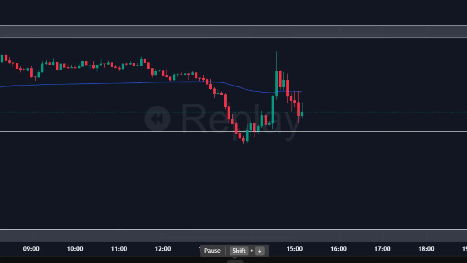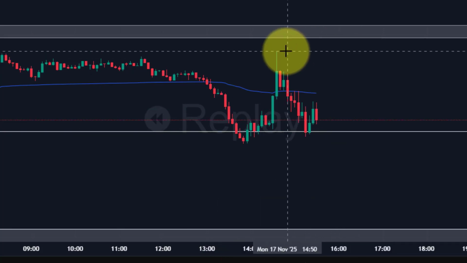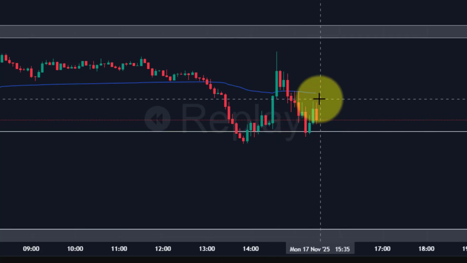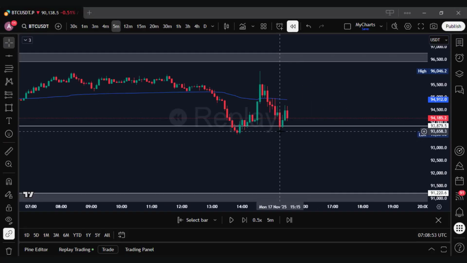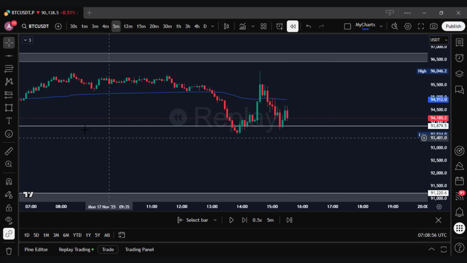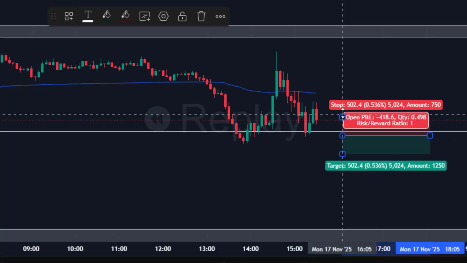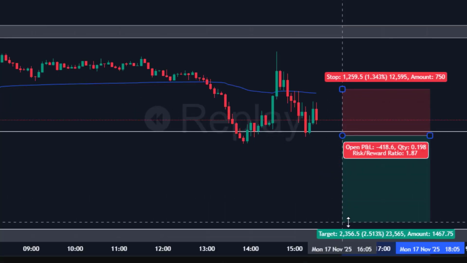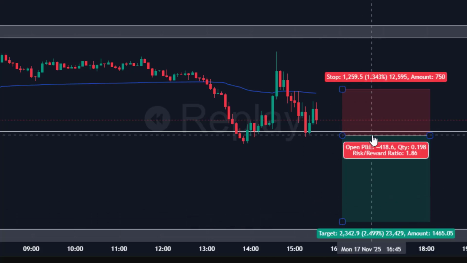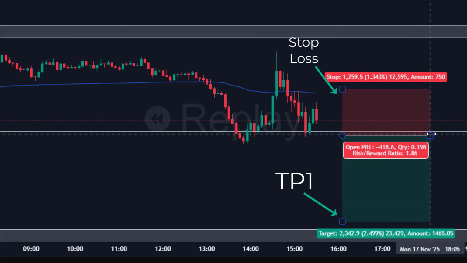Then the price crosses the VWAP again and now has retraced towards the VWAP, closer to the VWAP. Now we can think about a short setup, entering from this swing low. We can keep the stop loss just above the VWAP line and consider this support as the first take-profit target.